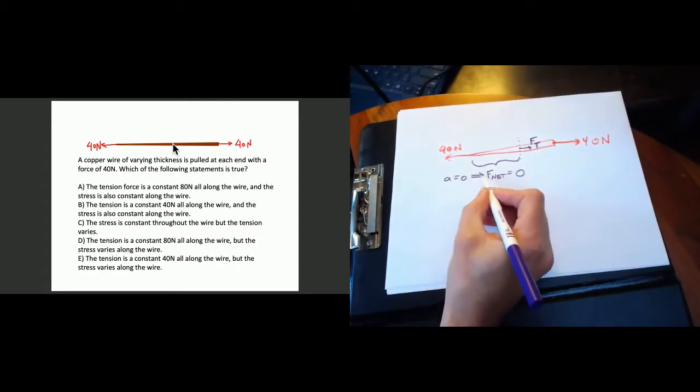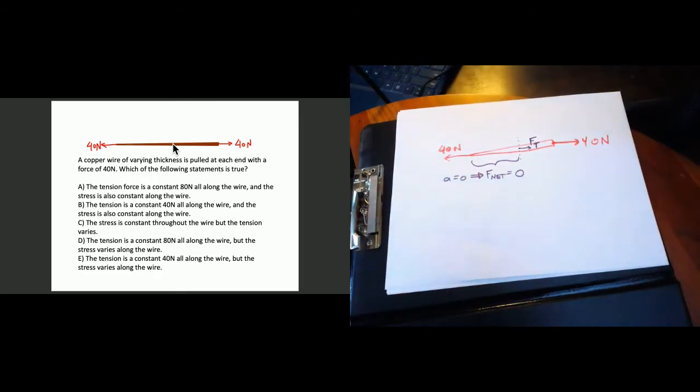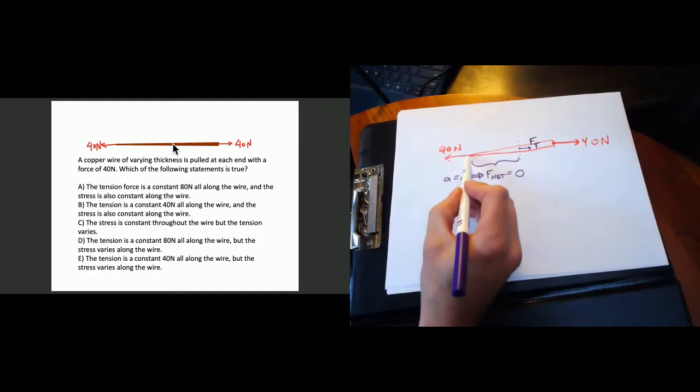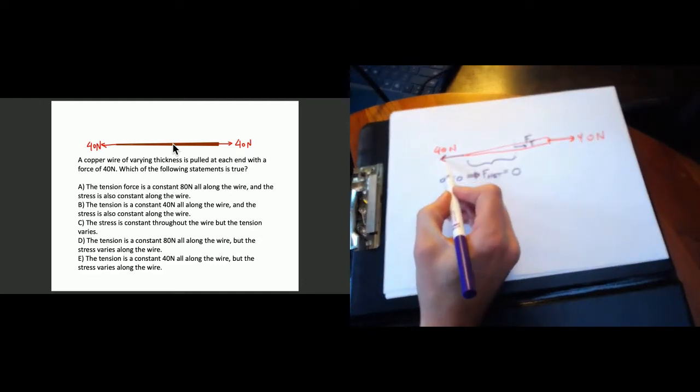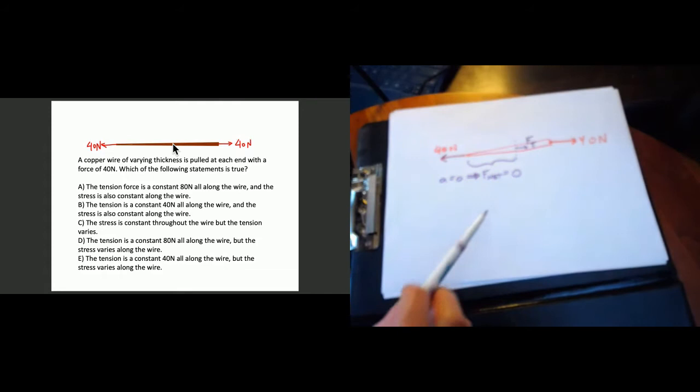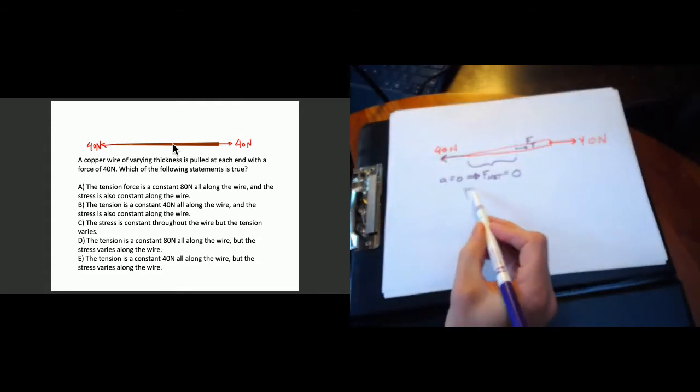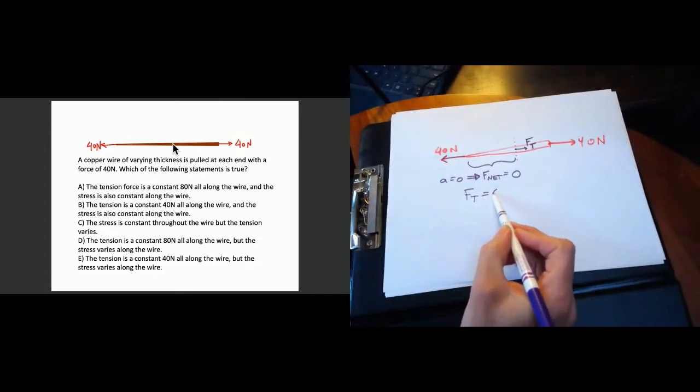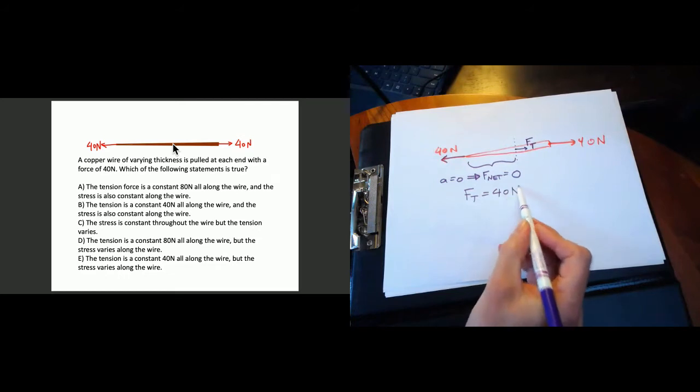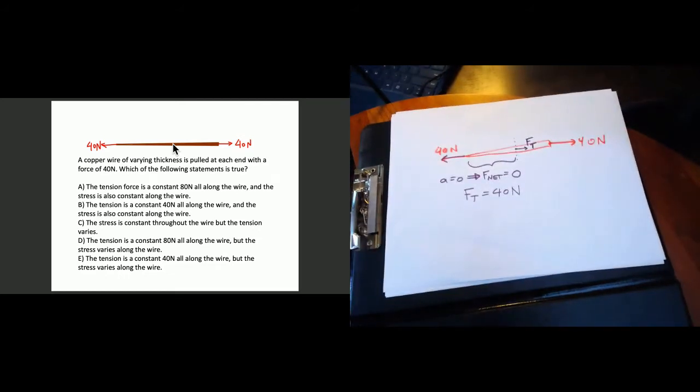So Newton's second law says that the net force on that part of the wire is equal to 0. Now we know that there's 40 newtons pulling on the left, and so it must be that F tension is also equal to 40 newtons. That applies for any point along the wire that we choose. And so we can say that the tension on the wire is a constant 40 newtons.